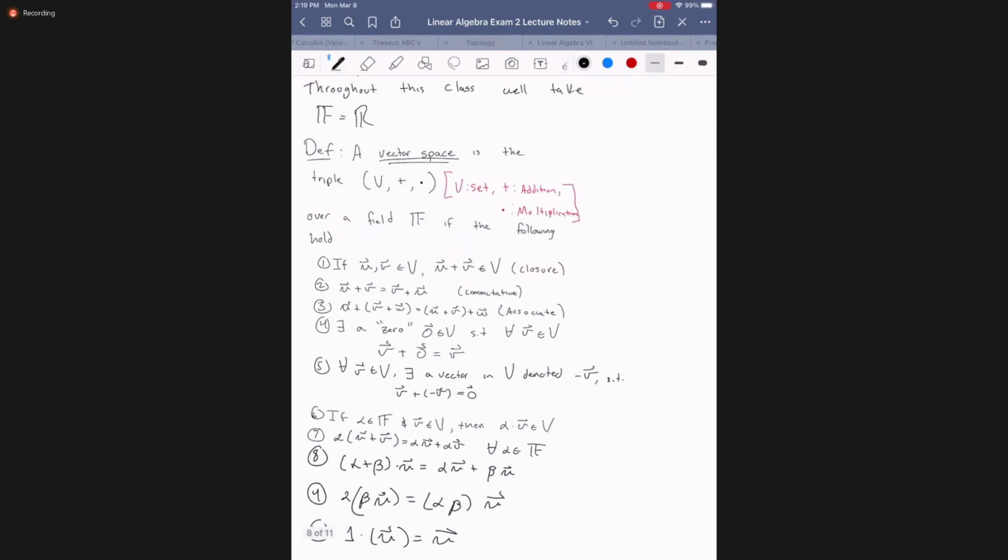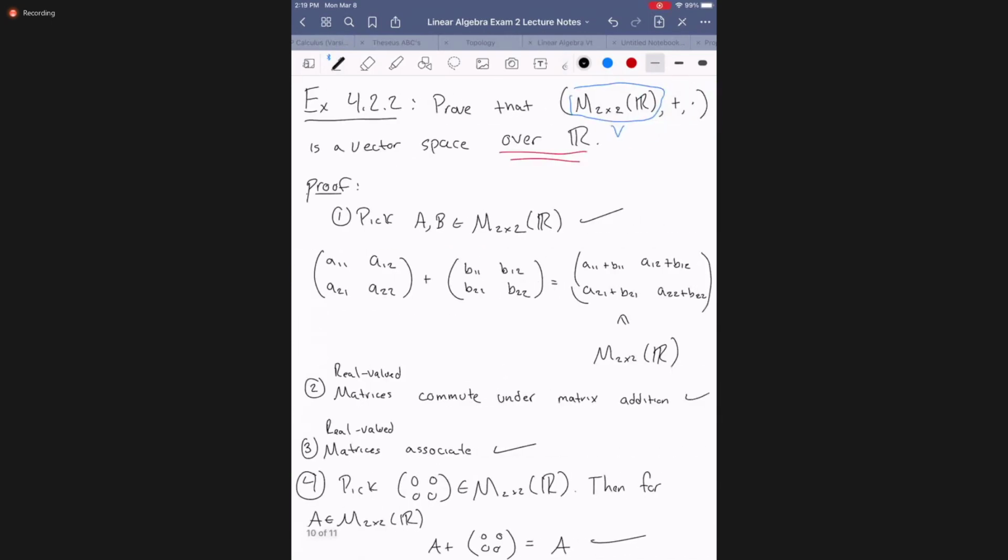I promise I'm only going to do this once, and then the other ones I will just state what these things are. So 5: for any V, if you pick an element in the set V, there exists another vector denoted negative V, such that V plus negative V is 0.